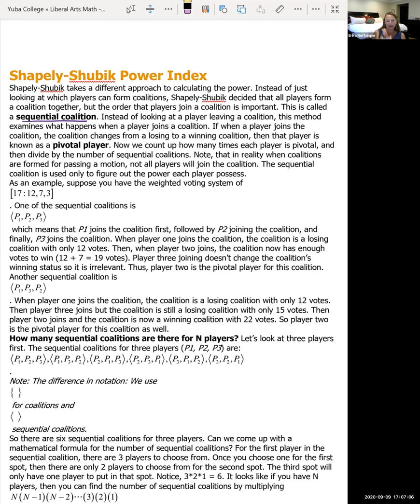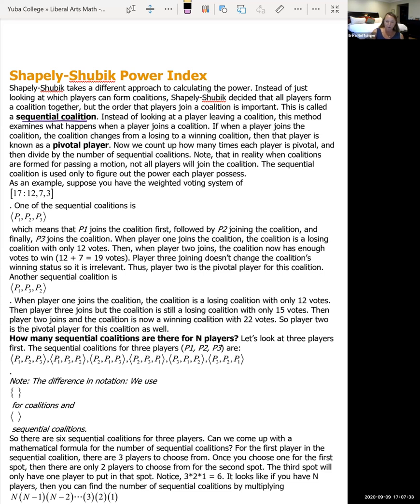If we took that player out of the coalition and it was still a winning coalition, he was not pivotal. But if we took a player out and the winning coalition no longer wins, then that player is pivotal. It was possible to have multiple pivotal players in the Banzhaf power.